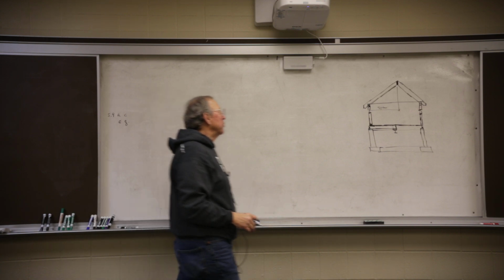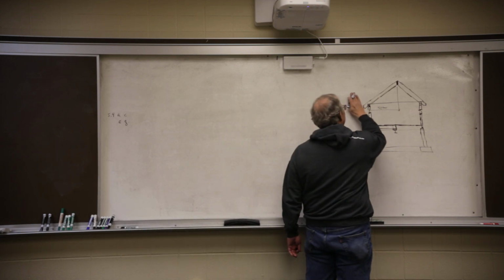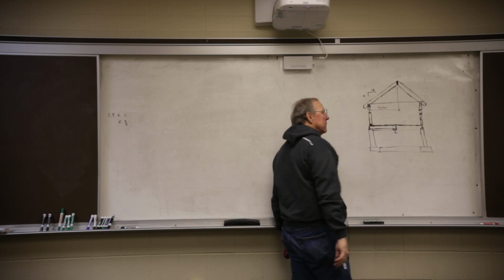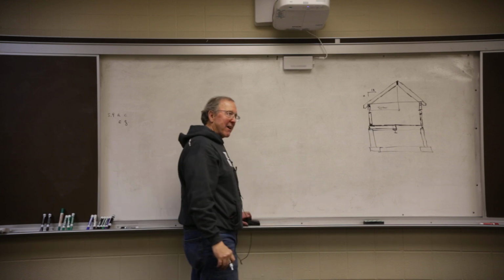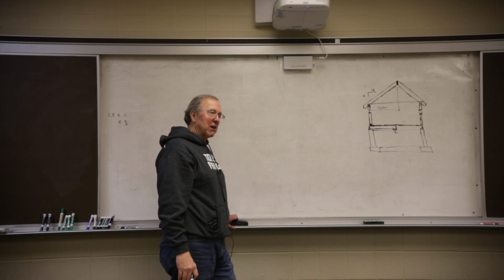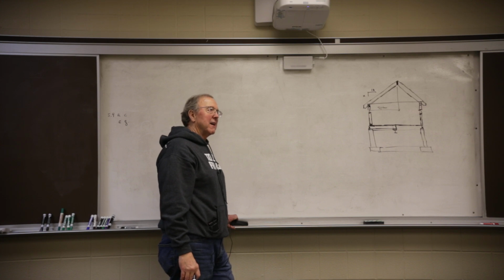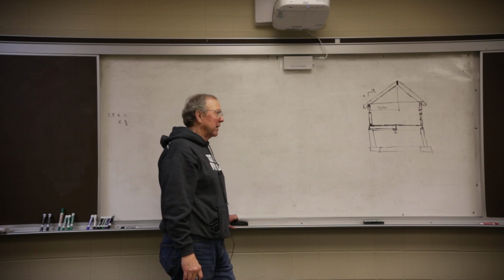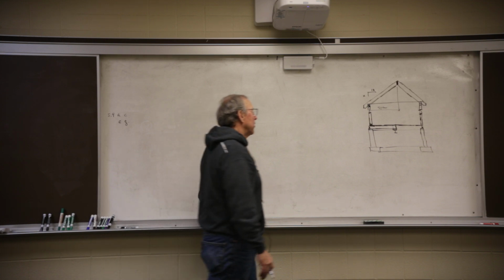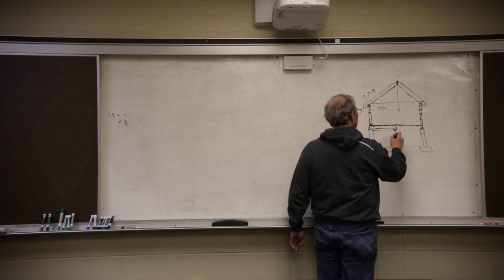As the pitch of the roof changes, the rafter length changes. It doesn't matter. As the slope gets bigger, the horizontal component gets smaller, the weight is about the same. Okay? So you want the horizontal component, and of course a floor joist is the dimension between supports.